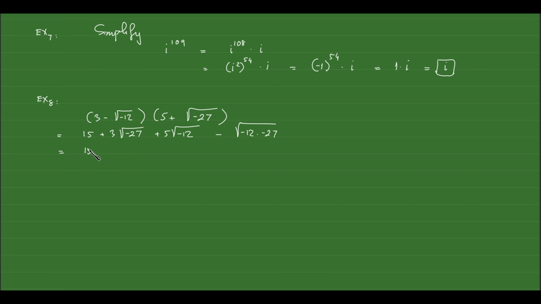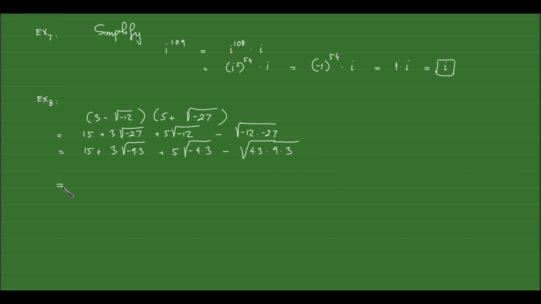Alright, so we can do it like this. I can split it up into -9 times 3, and this one I can split up into -4 times 3. This gives you negative becomes positive, and 12 will be 4 times 3, and 27 will be 9 times 3.